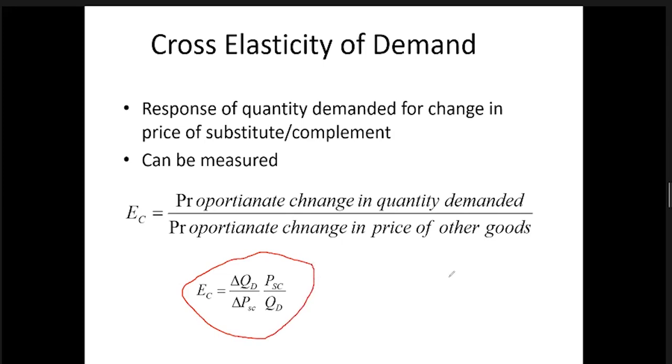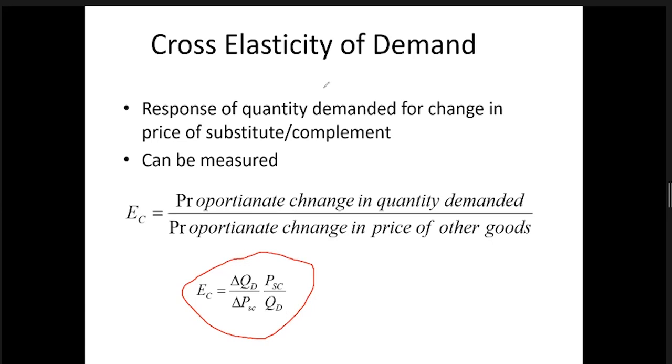Point elasticity of cross elasticity of demand can be calculated with delta QD divided by delta P of other goods, which could be a substitute or a complement, multiplied by the price of other goods, again a substitute or a complement, divided by the quantity demanded, right?